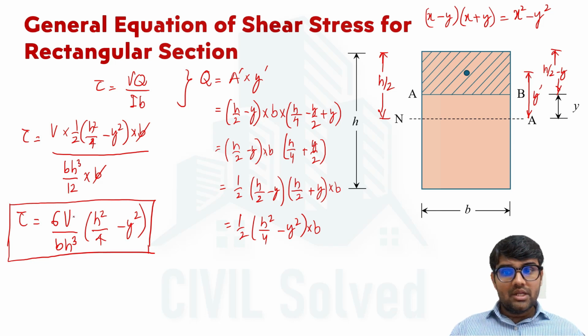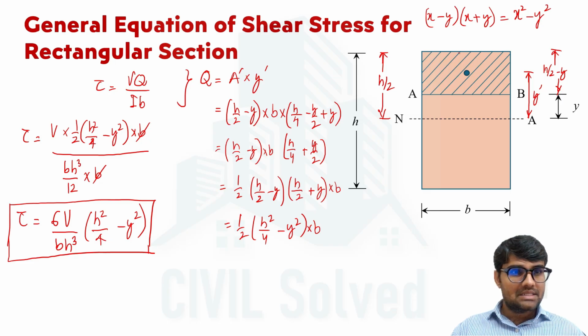Other than that, the other variables V, h, b are the same. Now you can see the term y square is negative. It means that if we have a higher value of y, obviously the maximum cannot be greater than h by 2, and when it is equal to h by 2 then this whole term will be 0 and the shear stress will be 0.